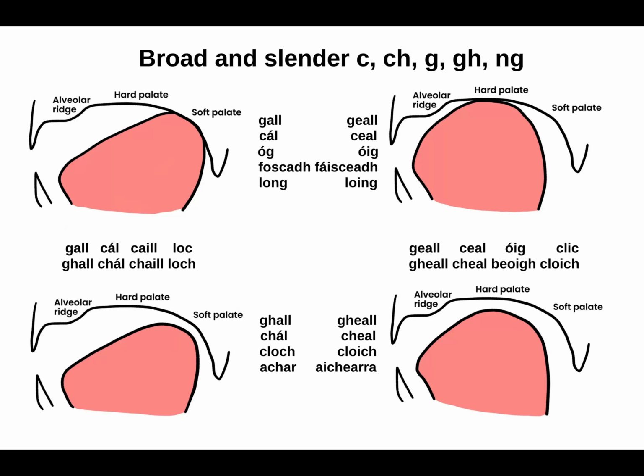It's a slender stop. And finally, because I feel I've left them out a bit in this video, is the ng in long a broad or slender nasal? Long. It's broad. And we can compare that with the slender ling versus long.